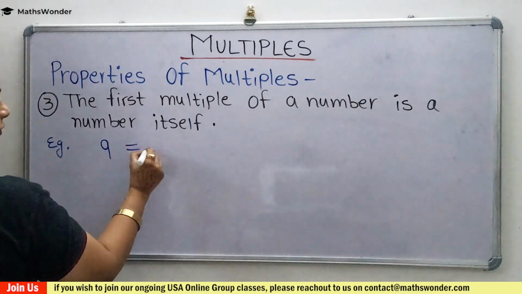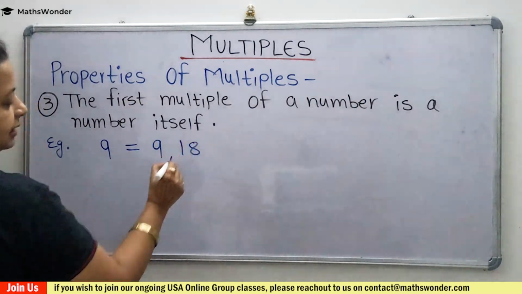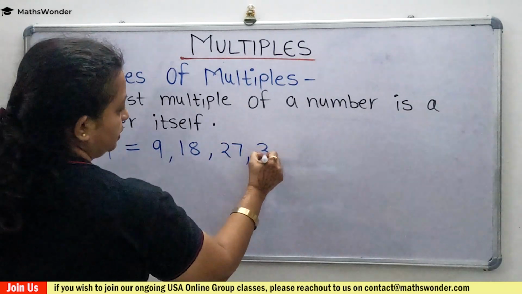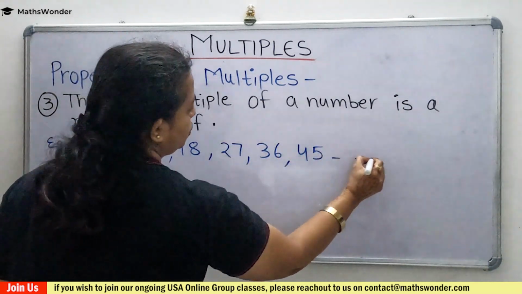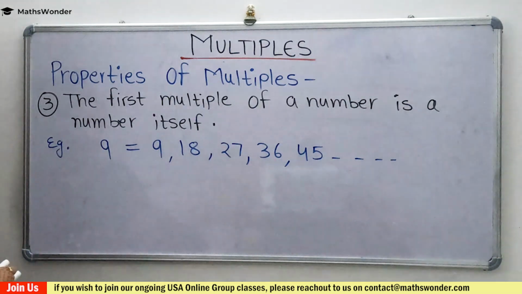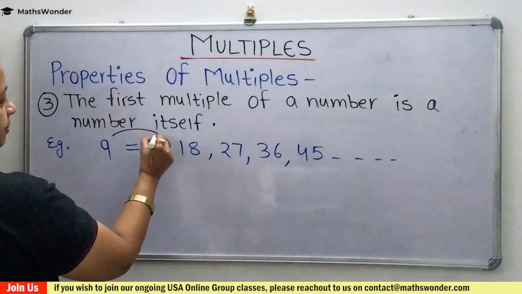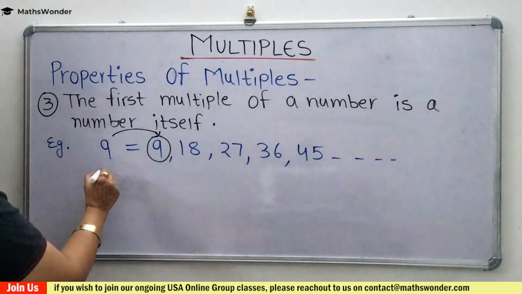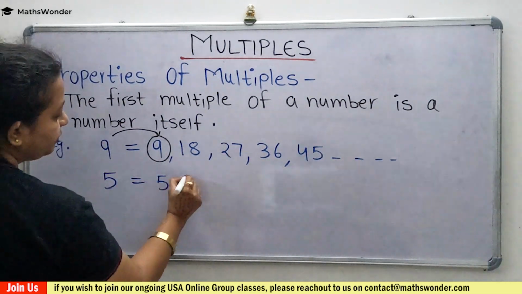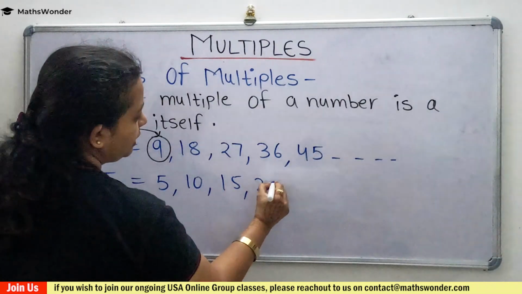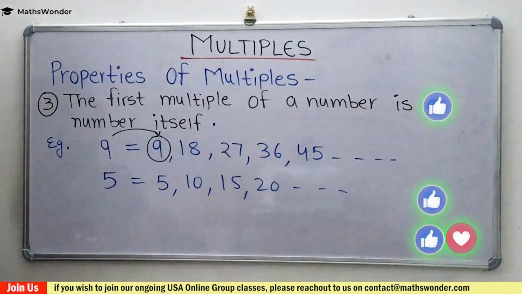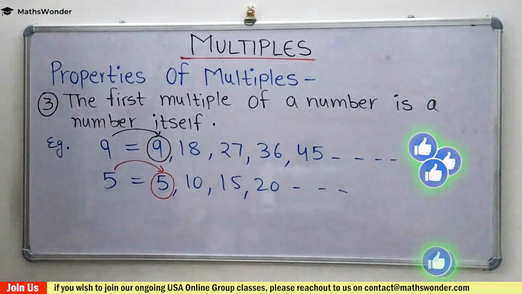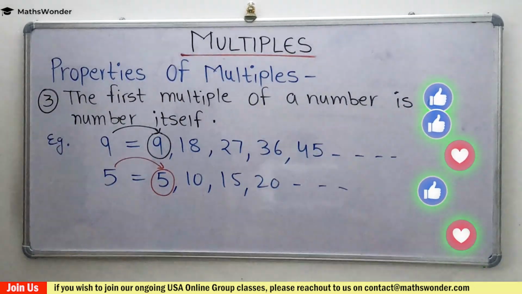Suppose we are finding the multiples of 9. So 9, 18, right? And so on. So 9 is the first multiple of 9. Suppose we are finding the multiples of 5. So 5, 10, 15, 20, and so on. So 5 is the first multiple of 5. And there are many examples like this, right?